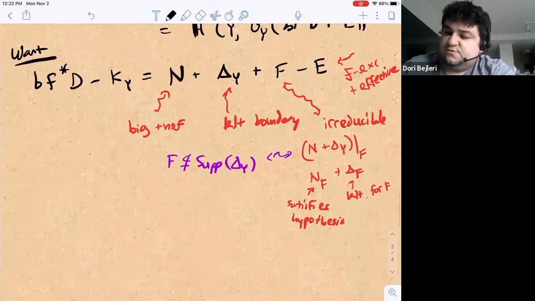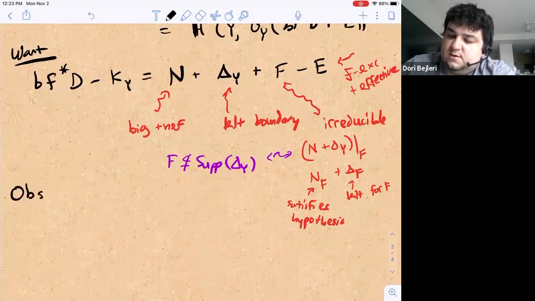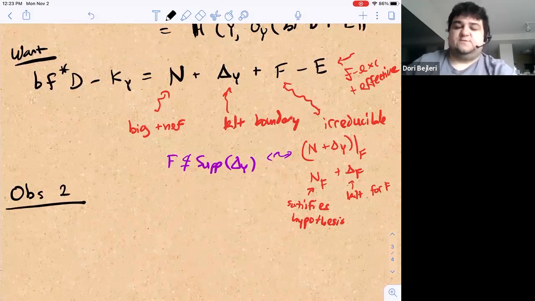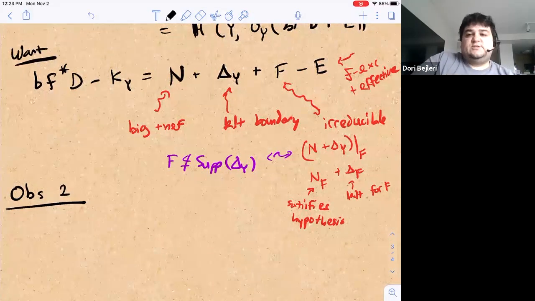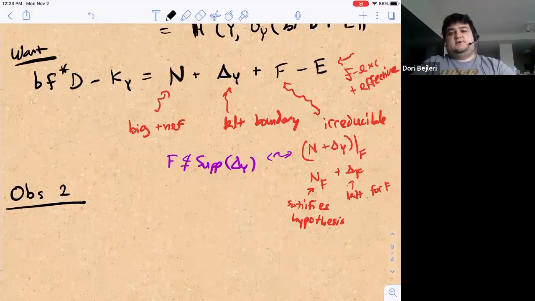Now observation 2 is that we have some more flexibility, because if we're resolving anyway, we might as well resolve until the linear series we care about is easier to understand.